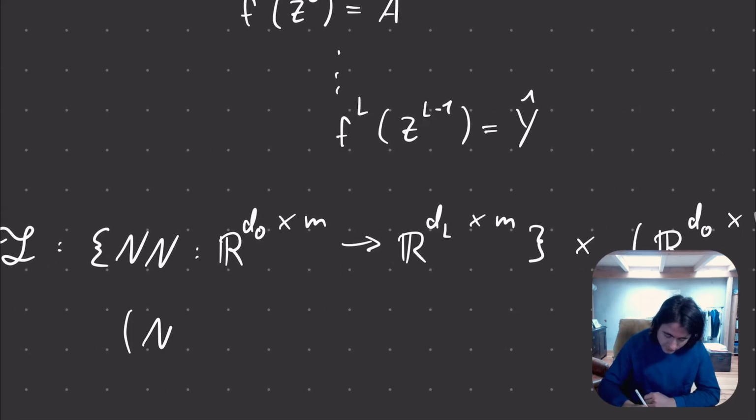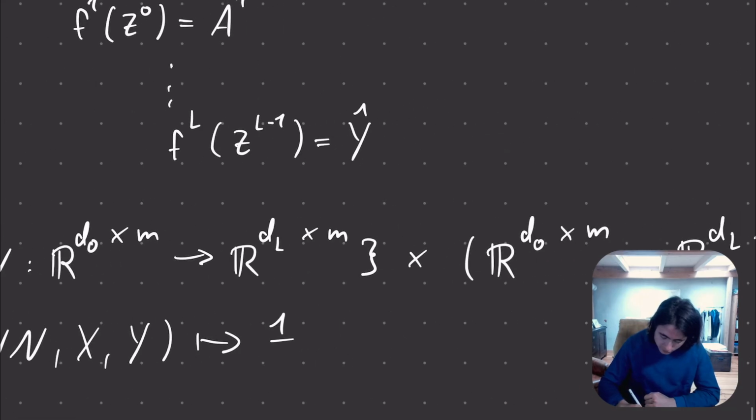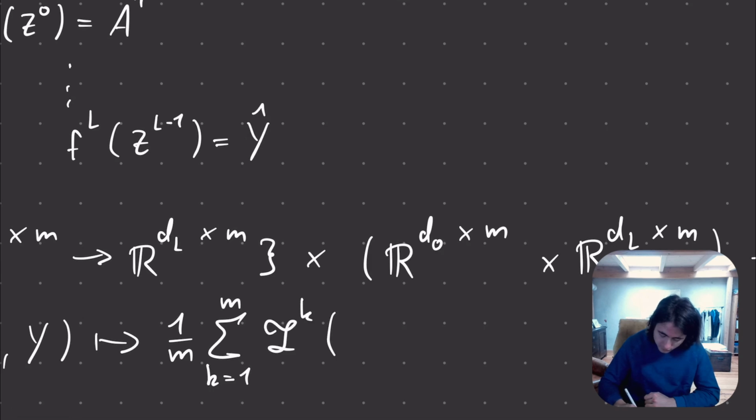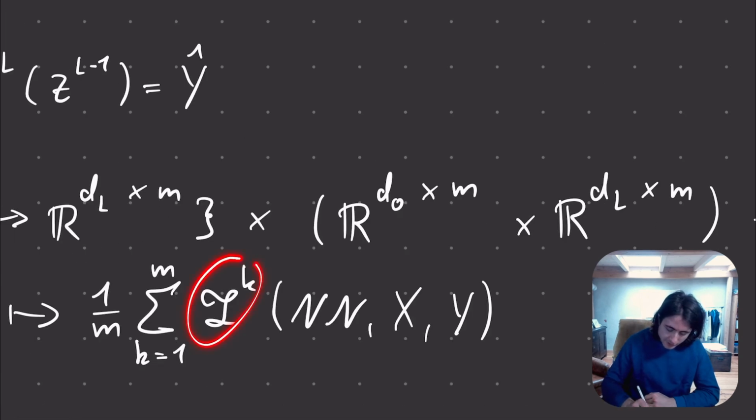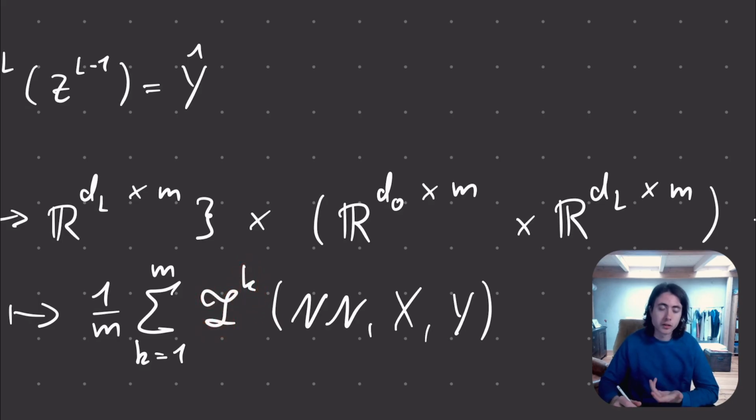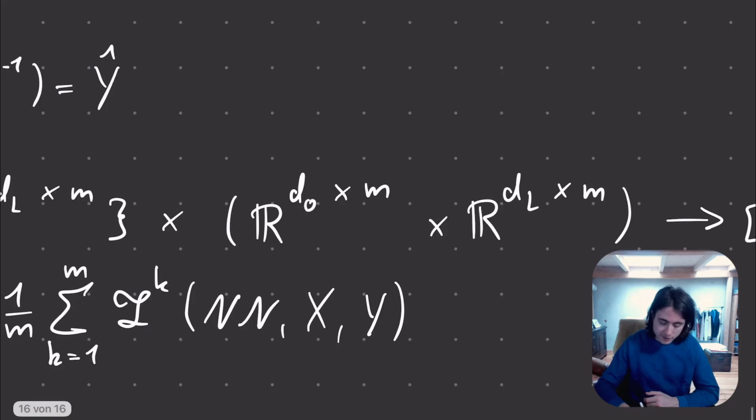So what we can write is that neural net, x and y gets mapped onto the average, 1 over m times the sum from k equals 1 to m of the losses of the samples. And I have introduced a new thing here, which is this lk. And with the k here, I want to indicate that we're taking the loss of the kth sample. So every time you see a k on any loss function, you know that we are referring to the loss of this specific sample.